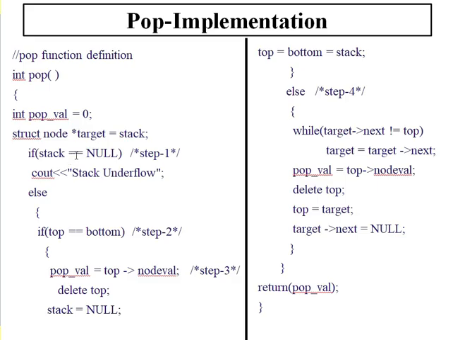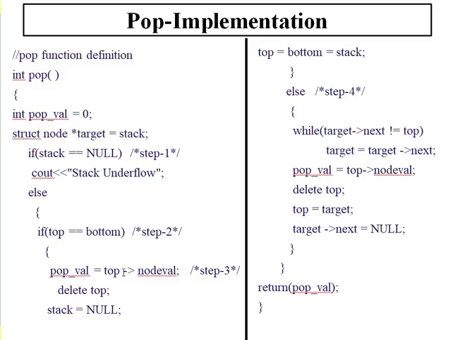If the stack is empty, we should report the stack underflow. If not, we check whether the stack has only one element. That means if top is equal to bottom. If the top is equal to bottom, that means the stack has only one element.